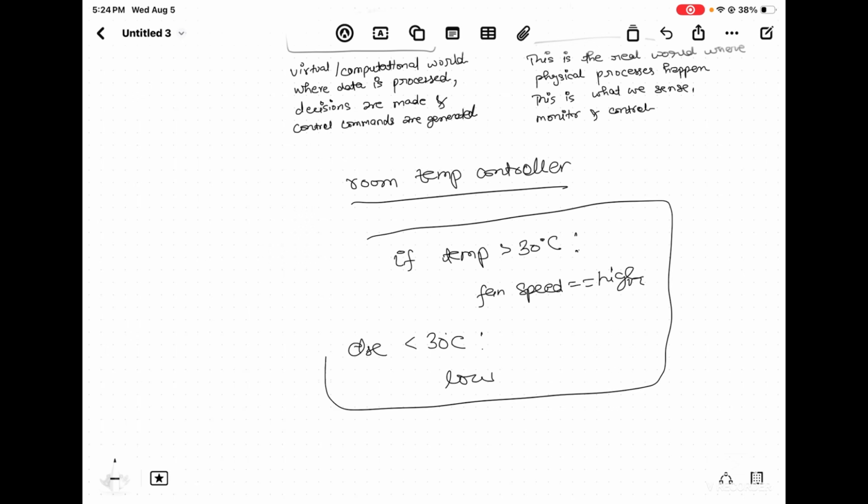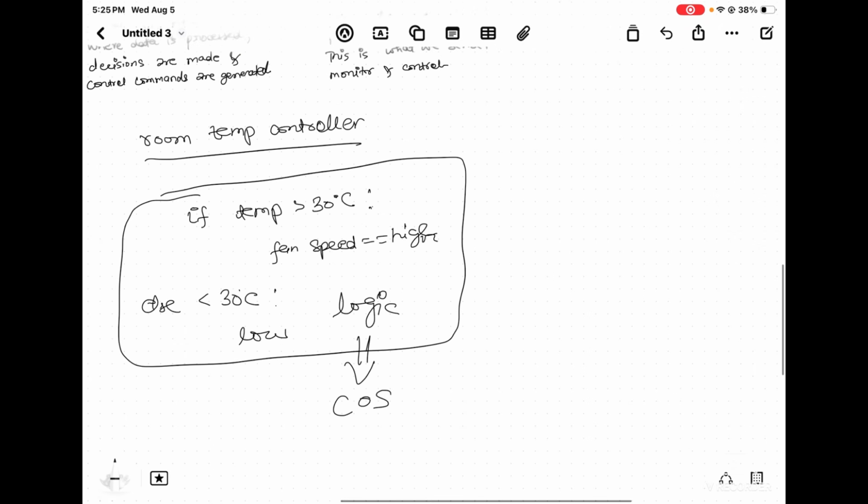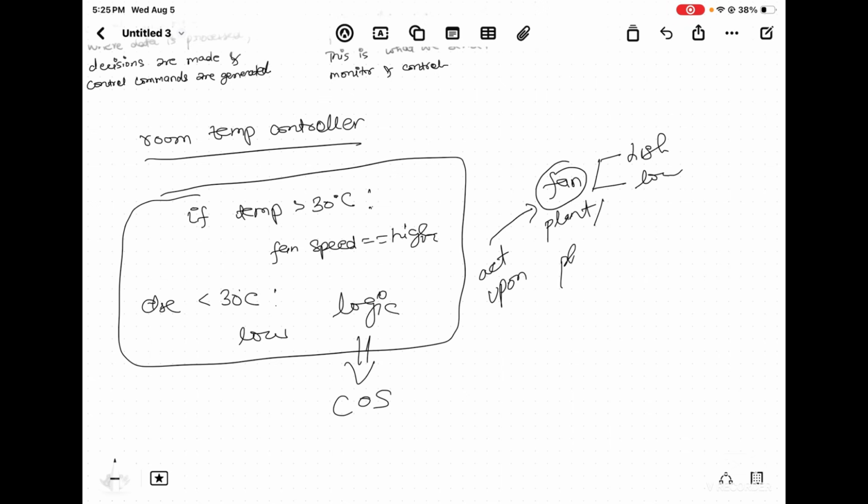So this is a logic which we call cyber system, and it acts upon the fan, which makes it work high or low. So this is the plant on which this control logic acts. So this fan is called plant or physical system.